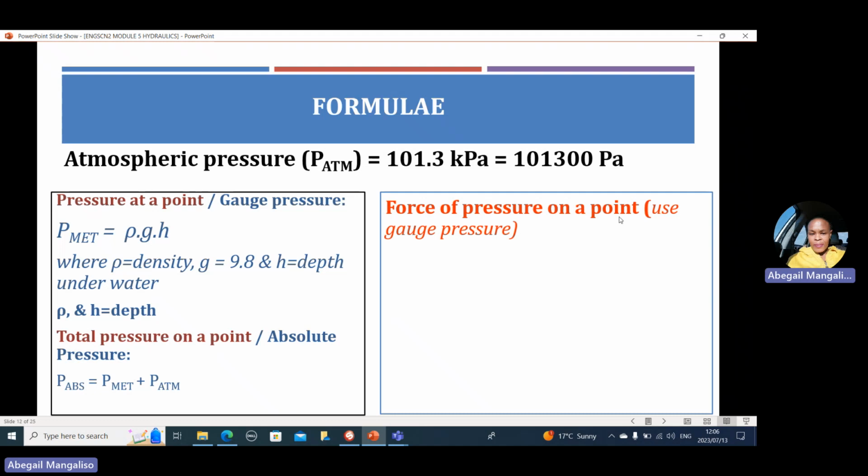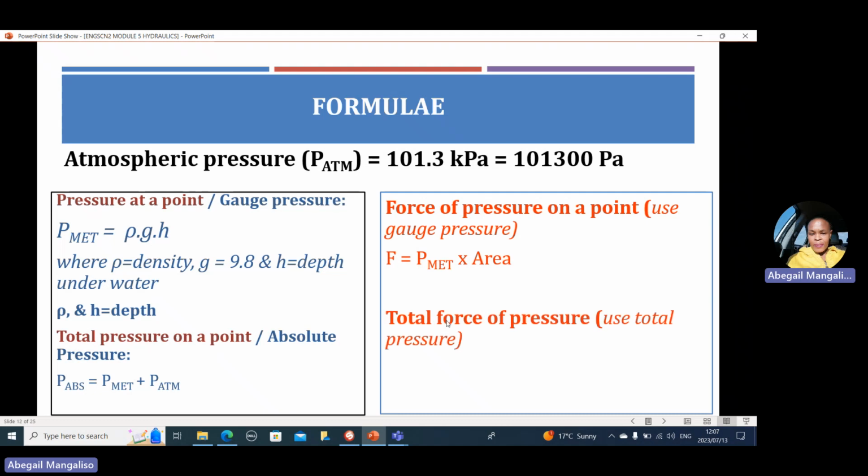Now, a force of pressure on a point, you can calculate pressure at a point. So if you make force the subject of the general formula of a pressure, it becomes F equal to PA. The formula will be P times area. That pressure is referring to the pressure at a point, which is PMET.